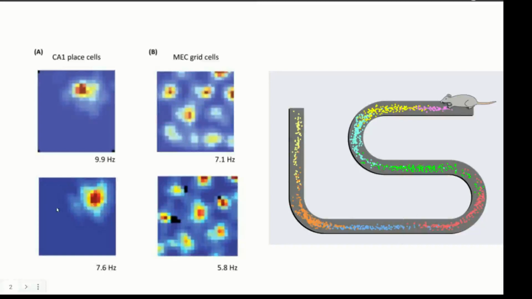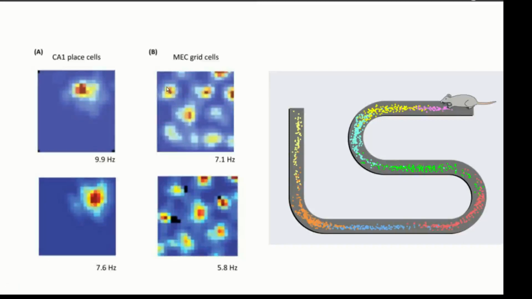So if you were to imagine place cells in a square arena, one would only fire around a specific location here. Then you could have another one that only fires when you're around that one, as opposed to grid cells, which fire at a fixed distance.